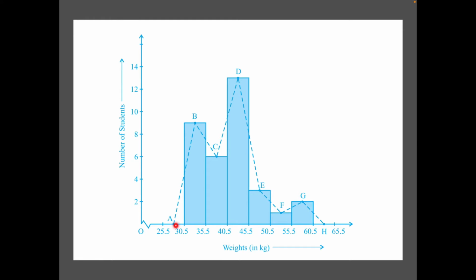Since the y coordinate is 0, we can locate these two points on the x-axis, right? Now we will join A and B and similarly G and H. This way we have got a polygon, a closed figure, and this is nothing but a frequency polygon.